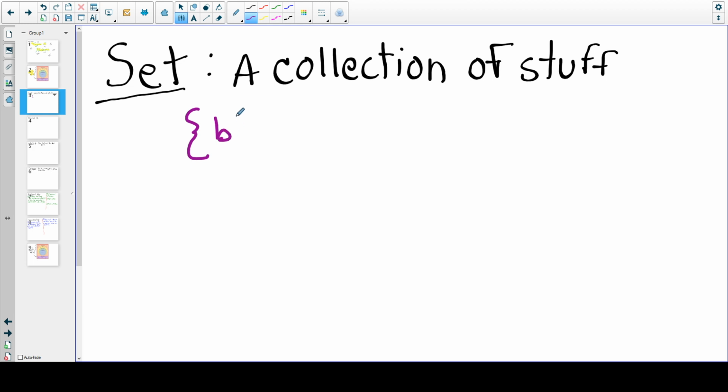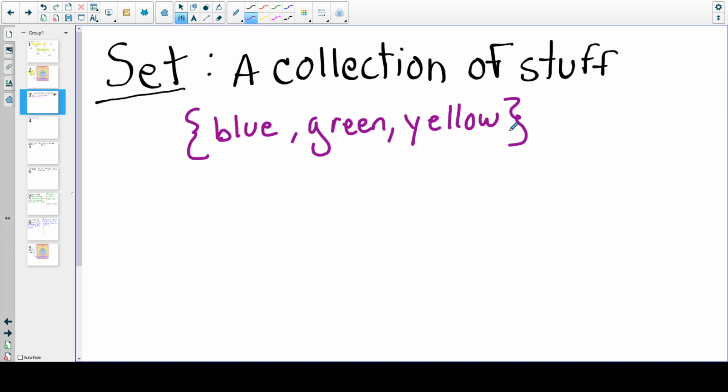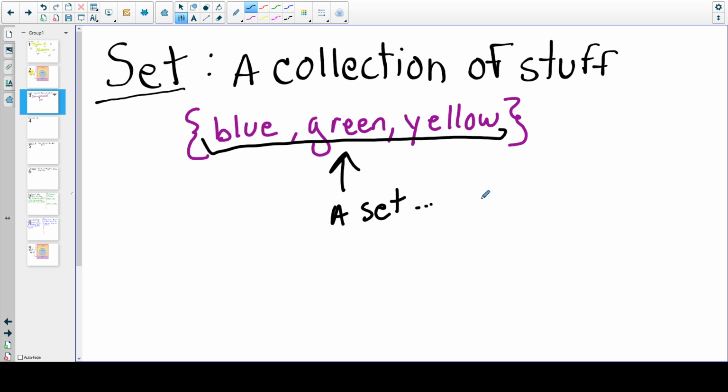So we have blue, green, yellow, and you close it with a curly bracket. We say that this whole thing is called a set. In this example, this is a set of colors.